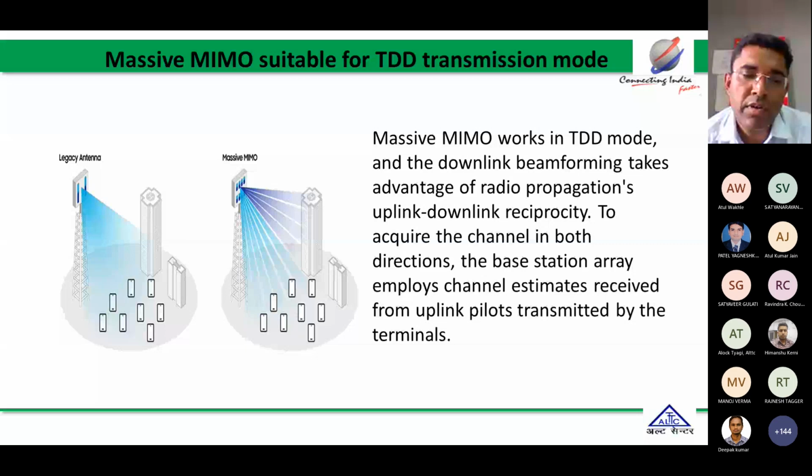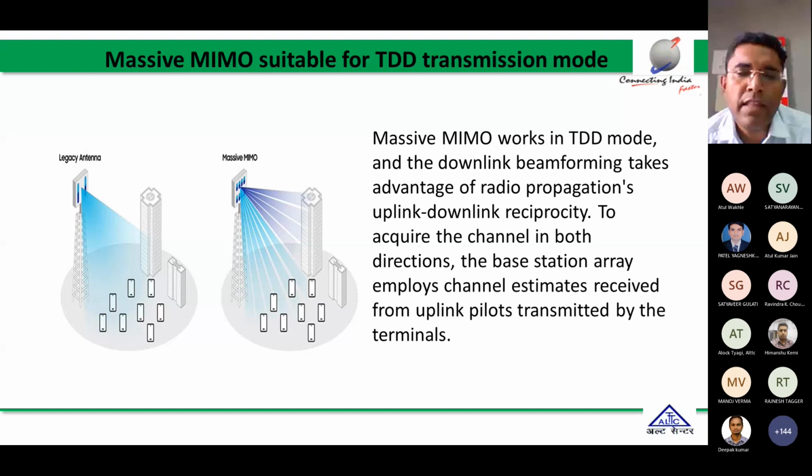A large amount of bandwidth is consumed for allocating pilot channels only to estimate the wireless channel, or we can say propagation channel. So for reducing the overhead of pilot channels, they are using the uplink TDD mode.